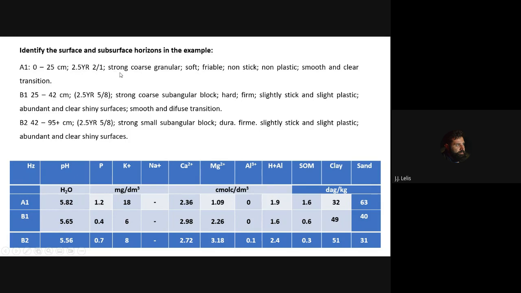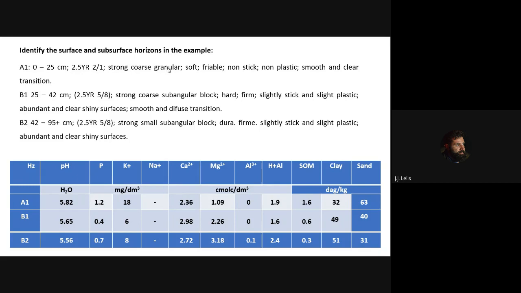The structure possesses a strong grade, so the peds are very stable. We have a coarse size and a granular type of structure. So this type of structure helps us to understand that it should present a good organic carbon content and or should possess intense bioturbation, intense biological activity.